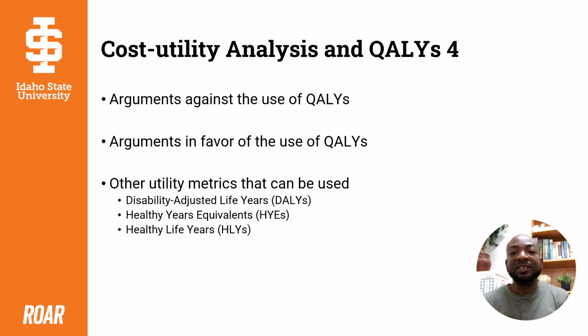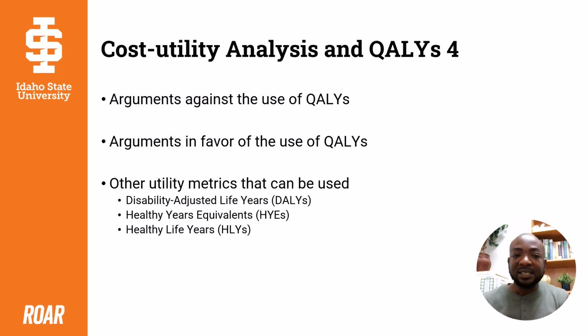Thirdly, the derivation of utility values may be incorrect. And the way in which utility values are elicited is always open to criticism, as there is no right or wrong way to elicit valuations. And this is especially relevant when people without the disease are being consulted or hypothetical questions are being asked.